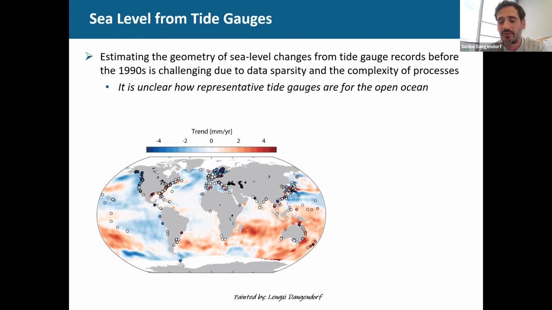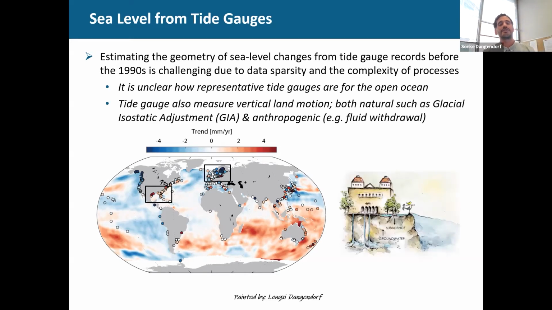This is related to the fact that tide gauges measure sea level in a very different way than satellite altimetry does. Satellite altimetry measures sea level relative to the Earth's center of mass. So it really just measures the pure motion of the water in the ocean, but nothing related to the solid Earth.